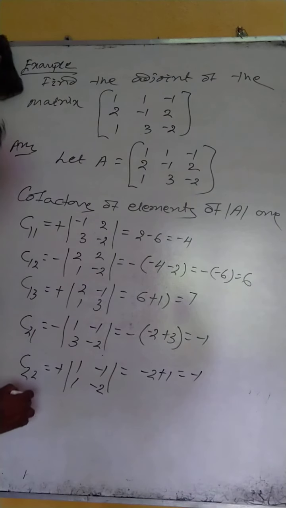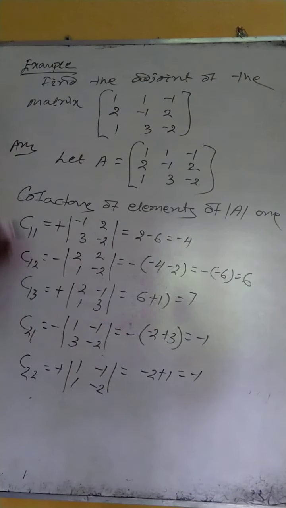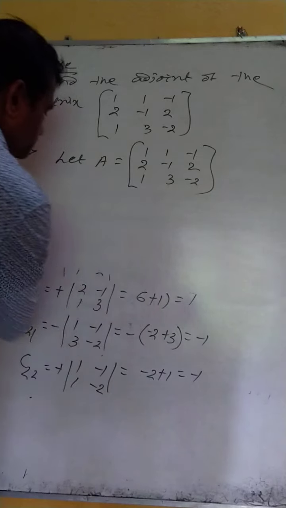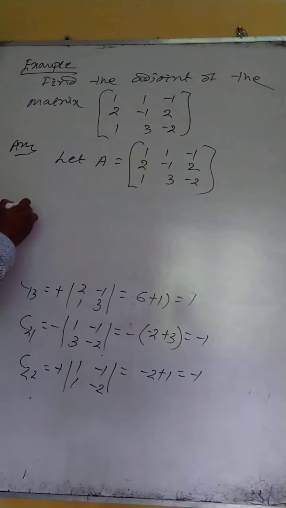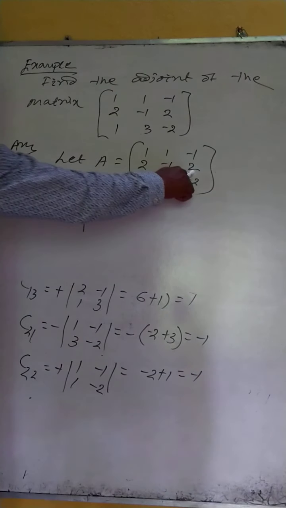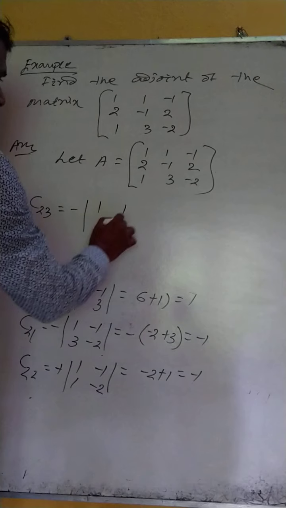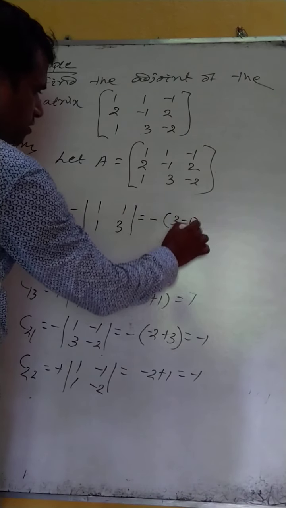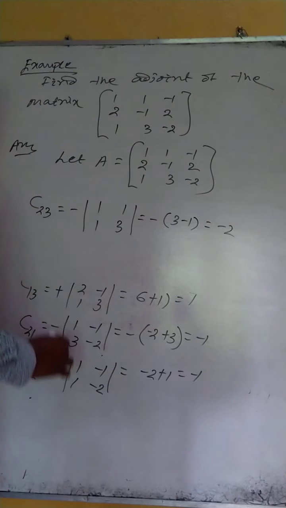Now C23 equals minus of its minor 1 1, 1 3, that equals minus of 3 minus 1, that equals -2.